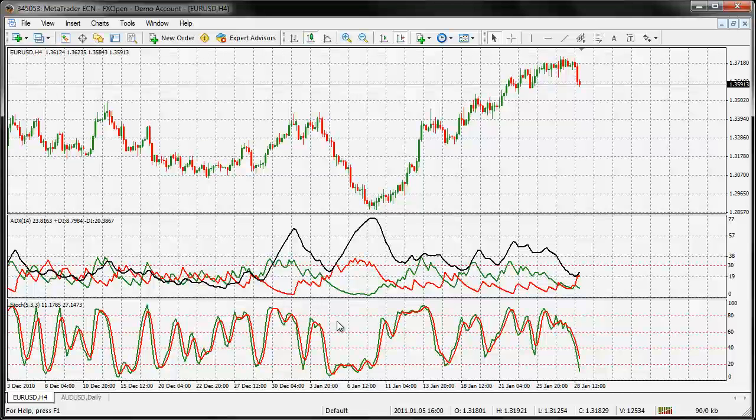Alright, so the stochastic is also a very good indicator. However, it does have its tendency not to do what you want it to do from time to time, but for the most part it's a pretty accurate indication of when the market's going to change direction. Alright, but it seems to be a little bit less forgiving than the ADX. When I look at the ADX, I'm talking about this black line.